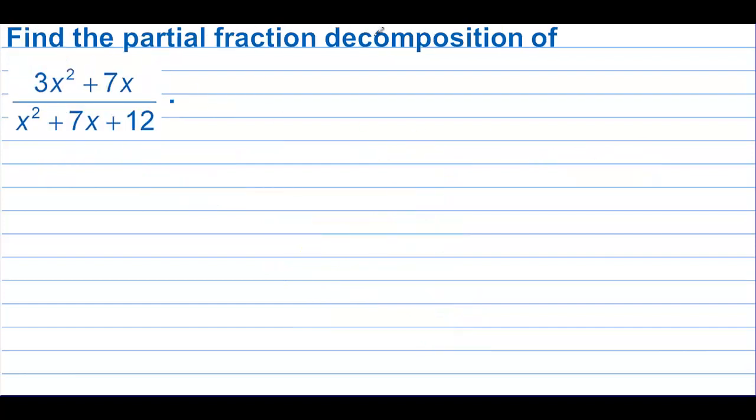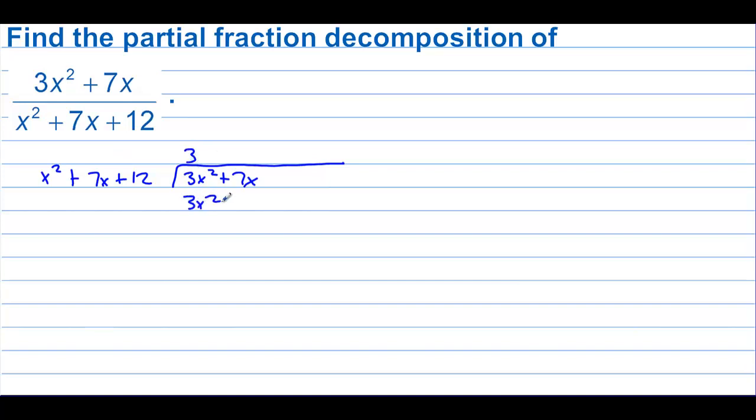Find the partial fraction decomposition of this one. Again, the powers are tied, so we're going to have to do some long division. We're going to divide that polynomial into 3x squared plus 7x. x squared goes into 3x squared 3 times.